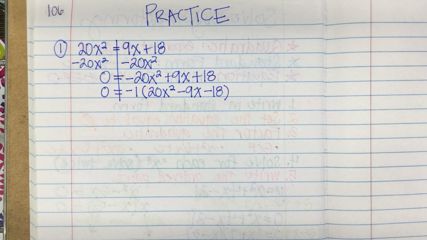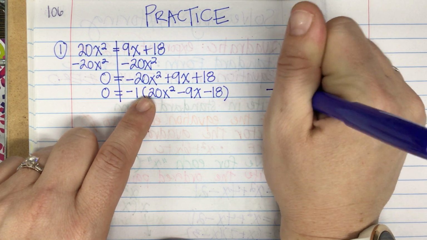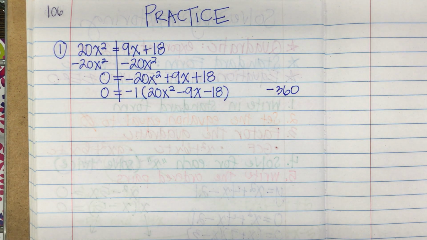Is this an easy or a hard one to continue factoring? This is a hard one. What am I looking for? Factors of negative 360, right? Factors of negative 360 that have a sum of negative 9.